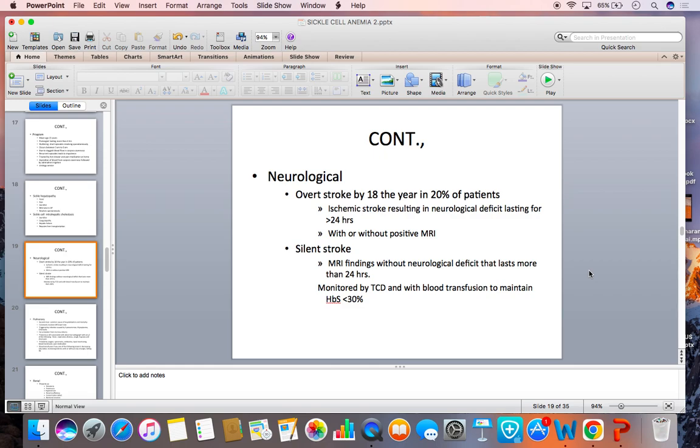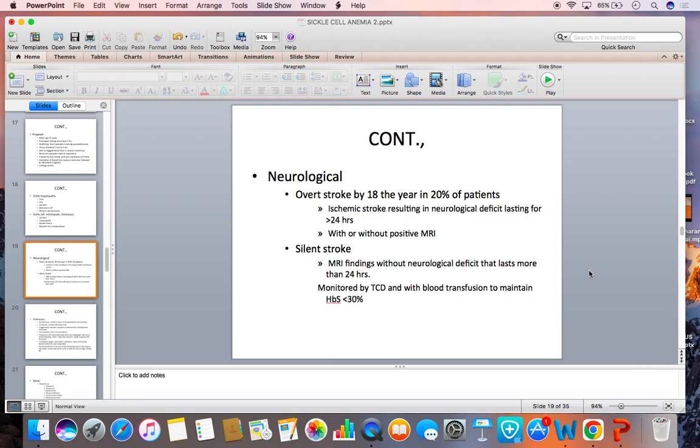Neurological manifestations. Overt stroke by 18 years of age in 20% of the patients. Ischemic stroke resulting in a neurological deficit lasting for more than 24 hours with or without positive MRI. There could be silent stroke with MRI findings without neurological deficit.